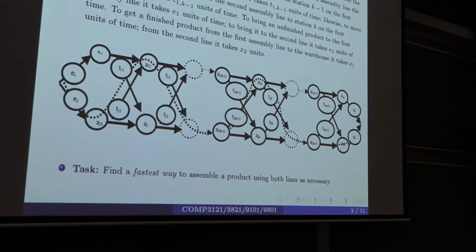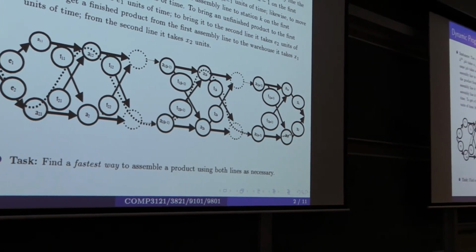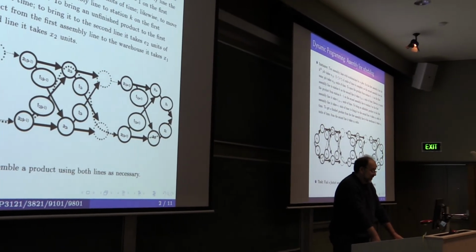And so this is really the best way to think about dynamic programming. You generalize your problem in such a way that the solutions to subproblems allow very simple recursion.